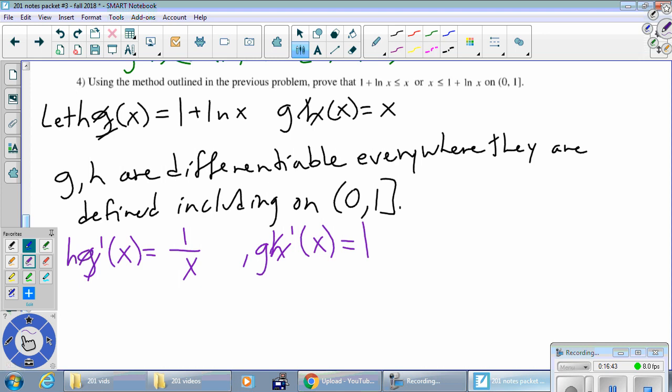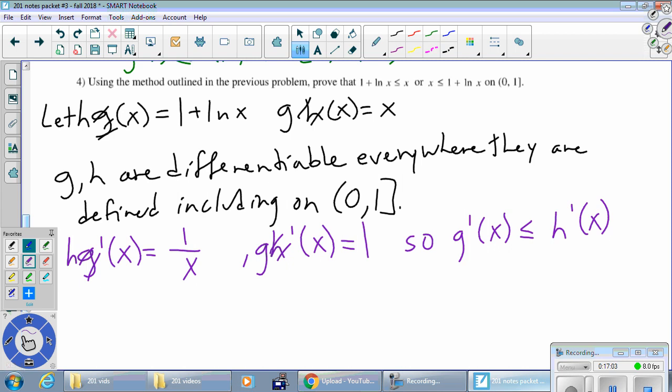And on the interval 0 to 1, g prime, we discovered, was less than or equal to h prime. I guess what we saw was that h prime was bigger than or equal to g prime, but I'm writing it in the same exact way that it's written in the racetrack principle in the demo.